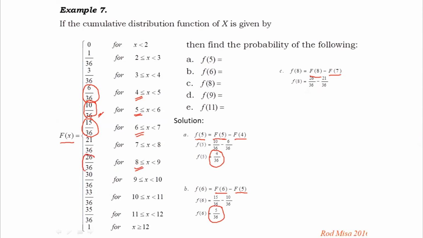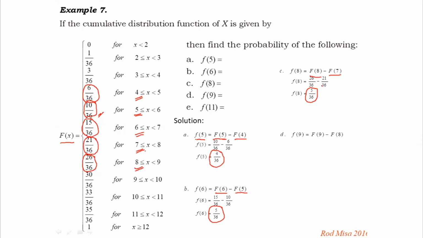When your random variable is 8, the cumulative distribution function value is 26 over 36, minus the big F of 7, which is 21 over 36, since our random variable is 7. So subtracting these two fractions, we have 5 over 36. Hence, the probability of the random variable whose value is 8 is equal to 5 over 36.